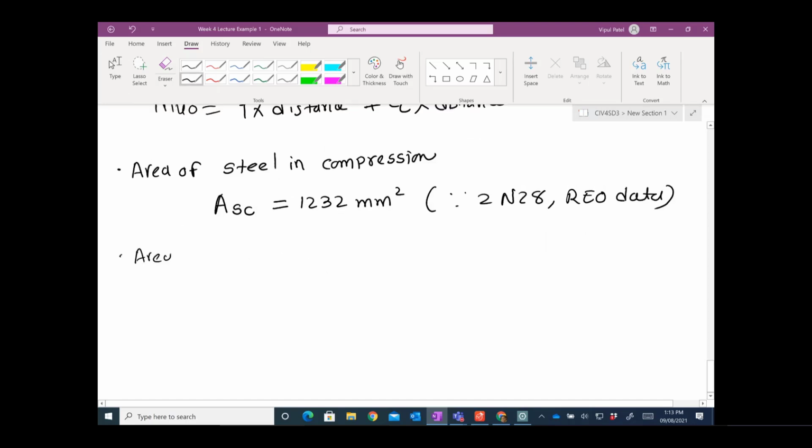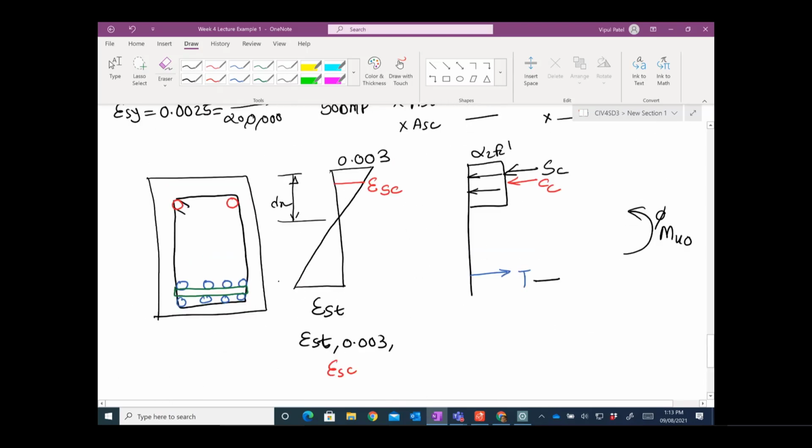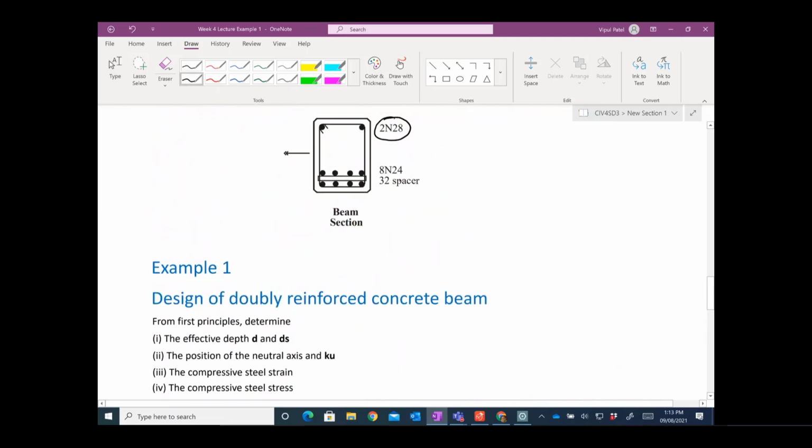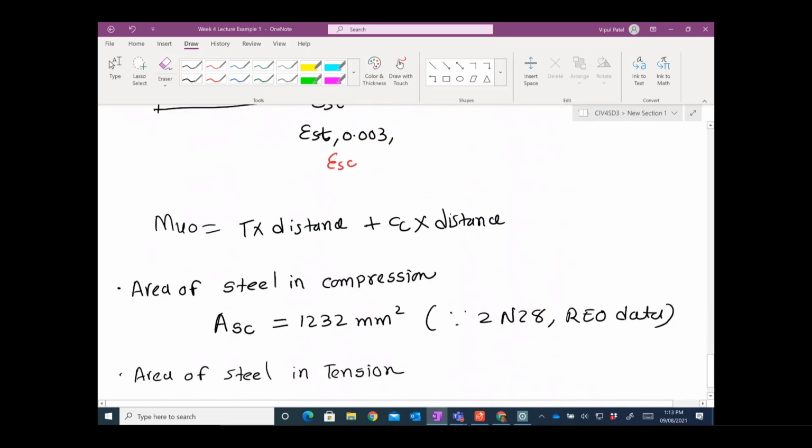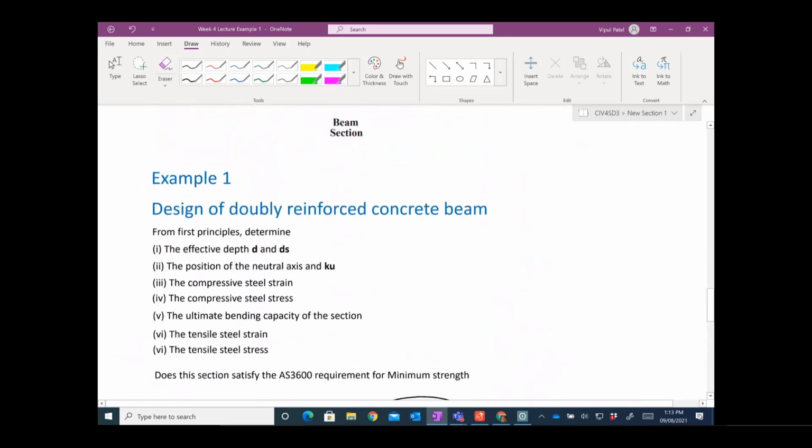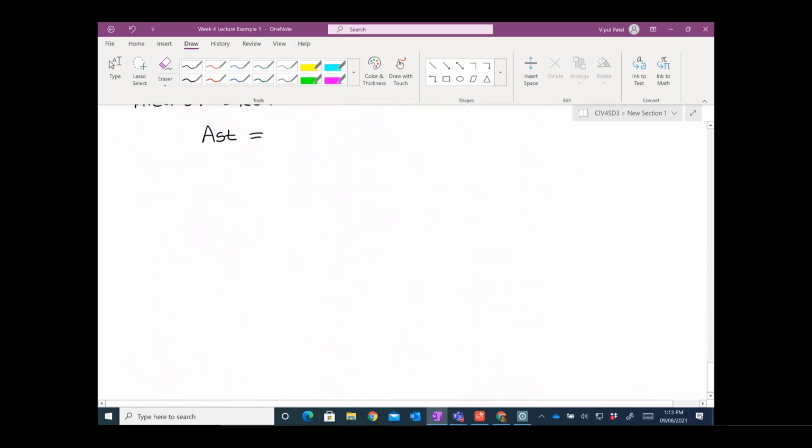Now let's say area of steel in tension. Let's denote it by Ast. How many bars do we have in the bottom Rio? We have 8N28 bars. 8N24 bars, not 28.